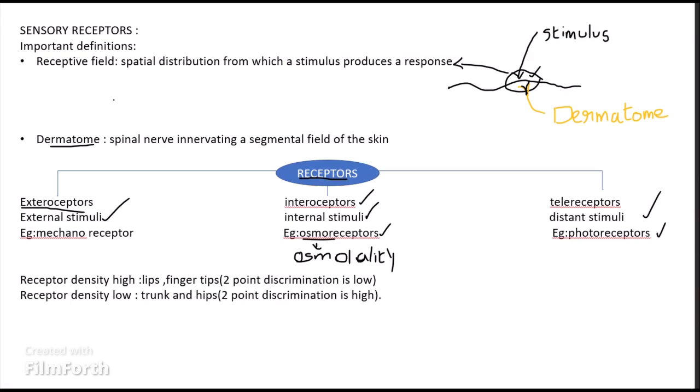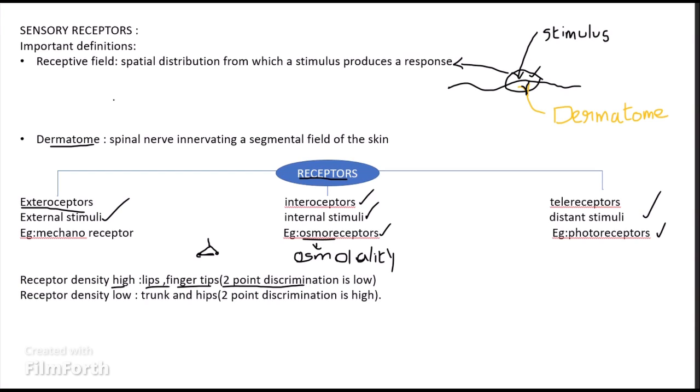Okay. Then coming to a few important points on density of receptors. Receptor density is high in lips and fingertips. So, all of you know the two point discrimination, which is if you apply a stimulus simultaneously at two points, this distance will be less in places where the receptor density is high.